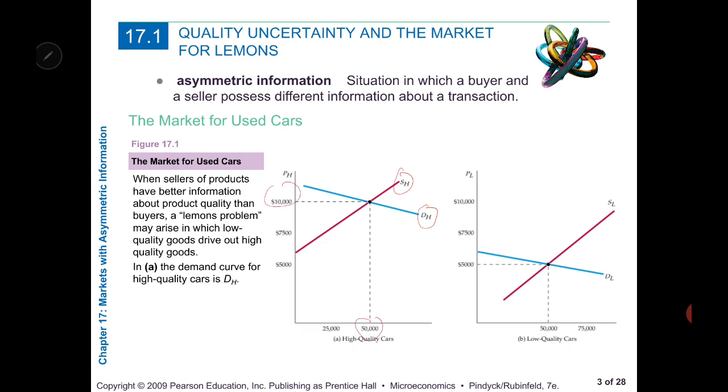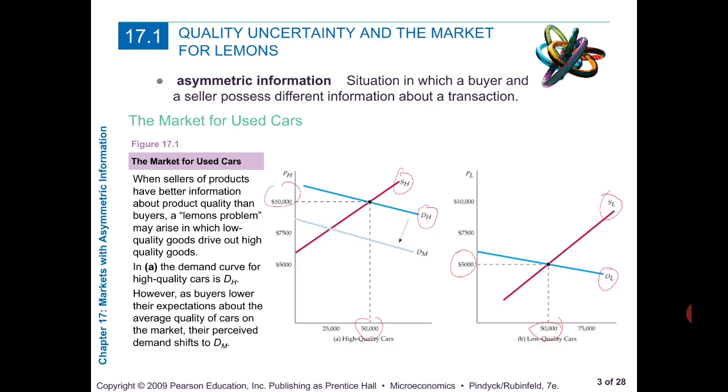Similarly, with low quality supply and low quality demand for low quality cars, you have the equilibrium price and quantity. But the problem is, in the second-hand market, you will not be able to differentiate which one is high quality and low quality. So what happens is that buyers in the second-hand car market perceive that the cars are all 50-50.